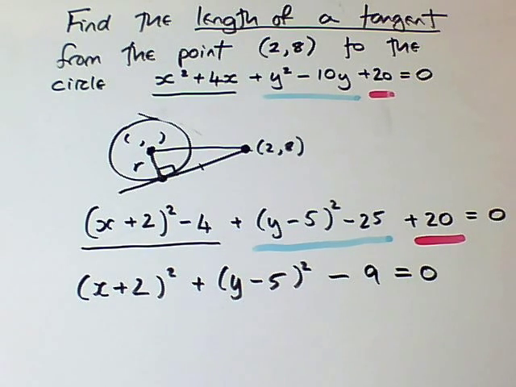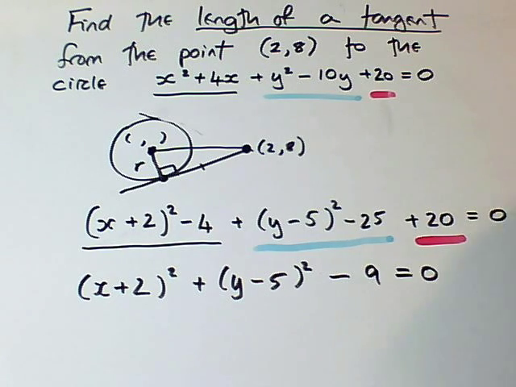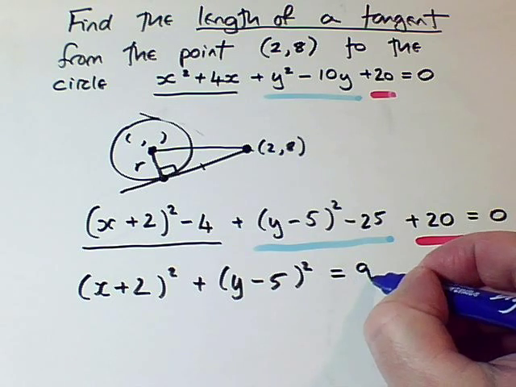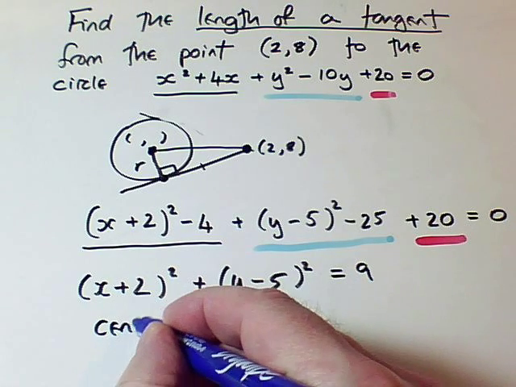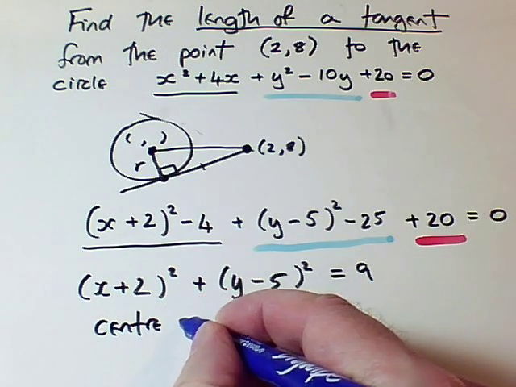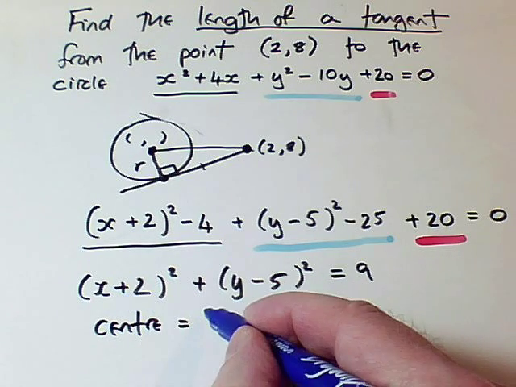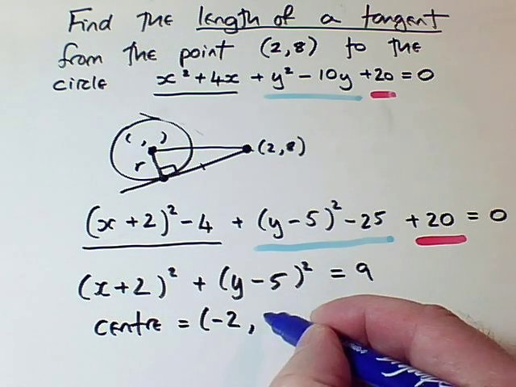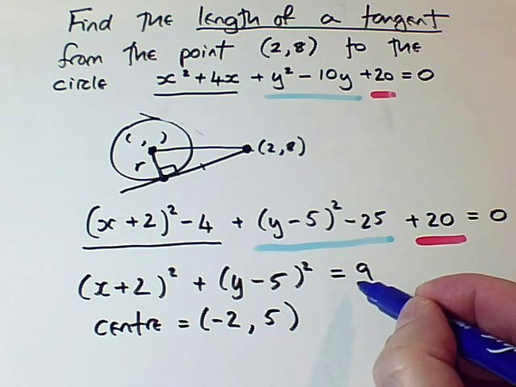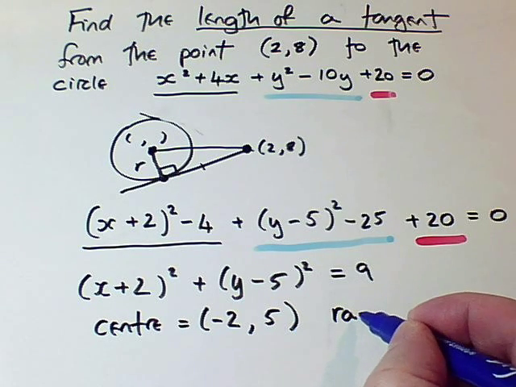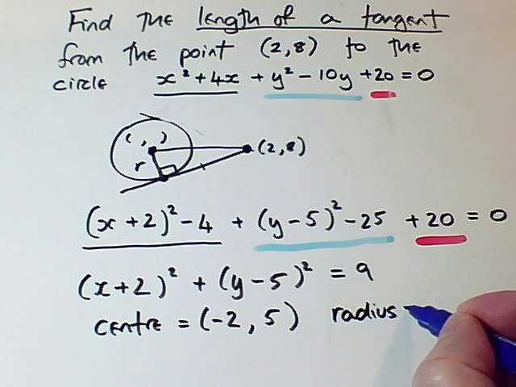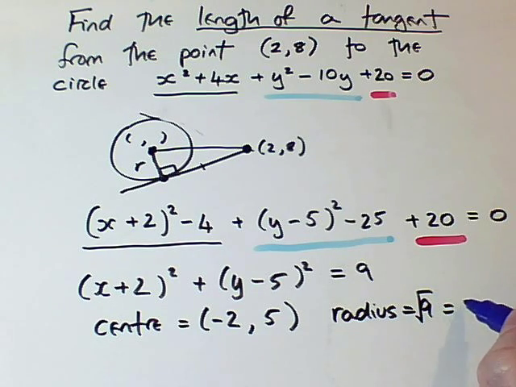But then I can add 9 to both sides of the circle, so I'll be very lazy and just do equals 9. So I can see that the centre of the circle is the point minus 2 and plus 5, and the radius, don't forget to square root, so the radius is the square root of 9, which is 3.